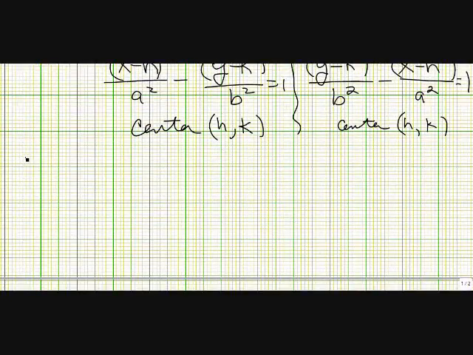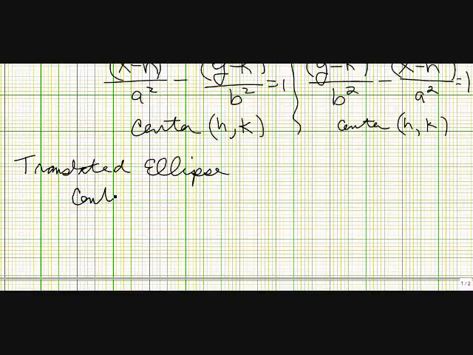Let's translate an ellipse. I'm going to give you the center. It's going to be at -2, 4. I'm going to give you the major axis. That means the long one is going to be horizontal with a length of 10.